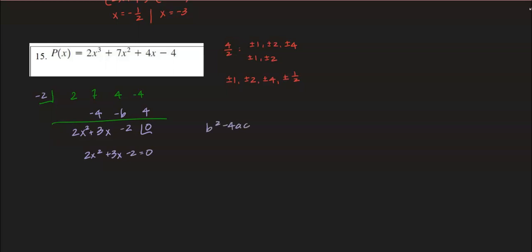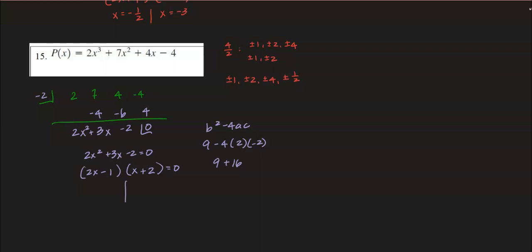Let's look at the discriminant. 9 minus 4 times 2 times -2. So 9 plus 16 is 25. It factors. 2x, x. We want a positive here and negative here probably. I have a 2 and a 1, 4, and a -1.